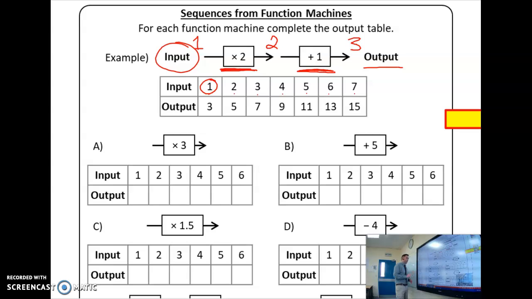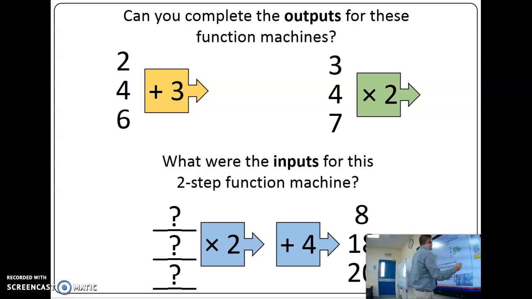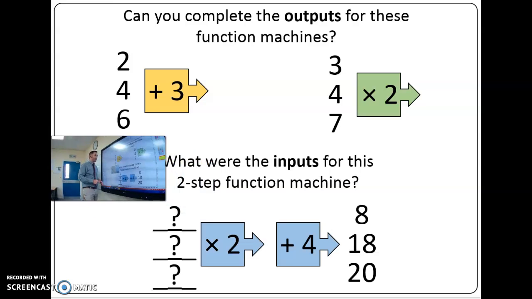Let's have a look at a slightly more complicated example here. So we can complete outputs for the function machines. We're now going to be given some outputs and we want to know what were the inputs for this two-step function machine. Well, we've got to think here.